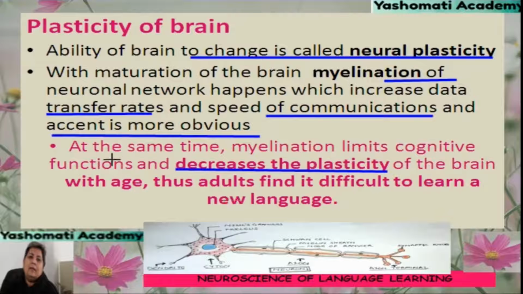So that is why it is said that myelination limits cognitive function and decreases plasticity, and with age, adults find it difficult to learn new languages. So that means that in comparison to children, when we are learning new languages in maturity or in old age, we face certain difficulty, but yet we can learn them by making a conscious effort.